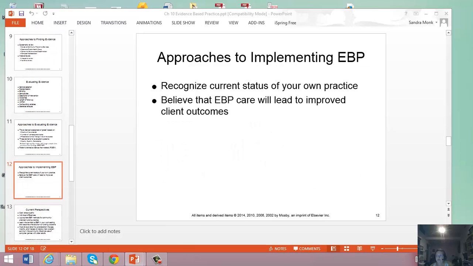Approaches to implementing evidence-based practice: you want to recognize the current state of your own practice, and you need to be able to believe that evidence-based care will lead to improved client outcomes. That is always our purpose when we're doing it. When we're involved, we're applying evidence-based practice guidelines or interventions to our nursing daily tasks.